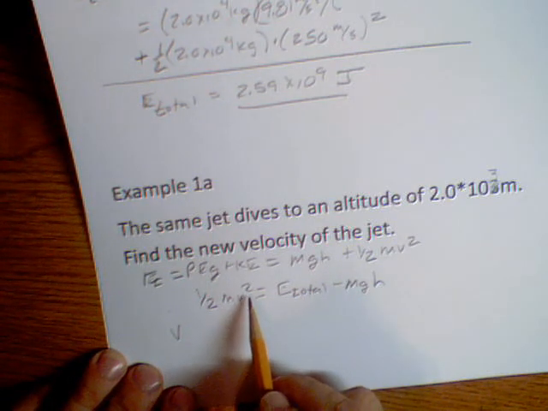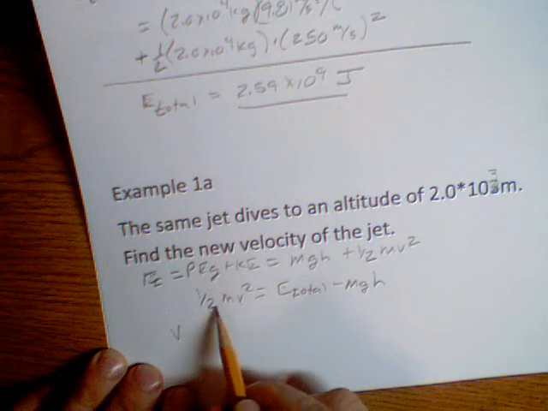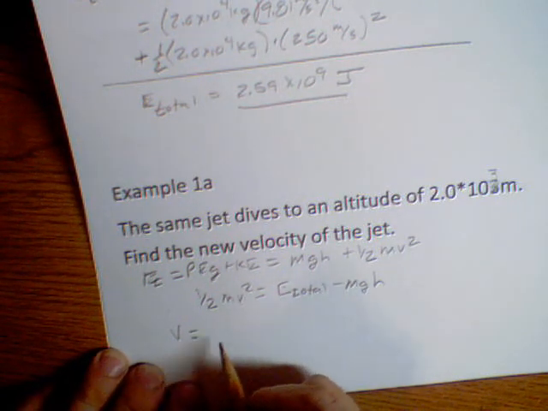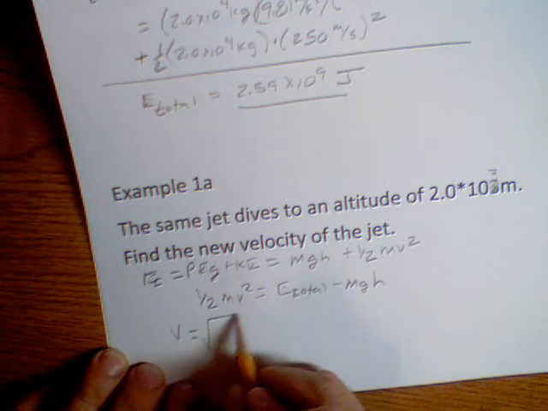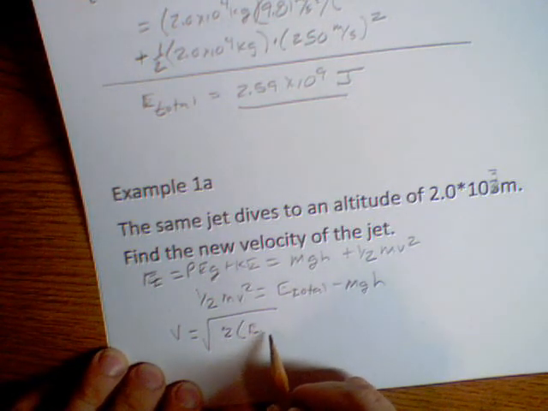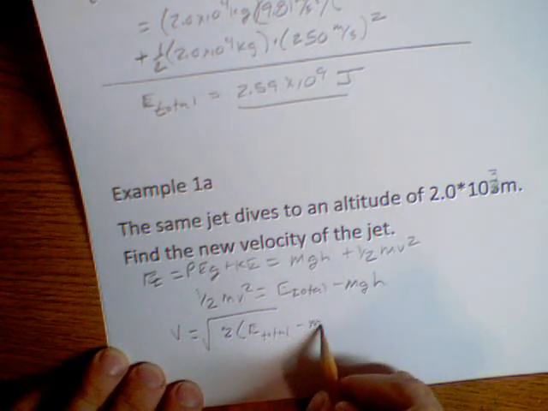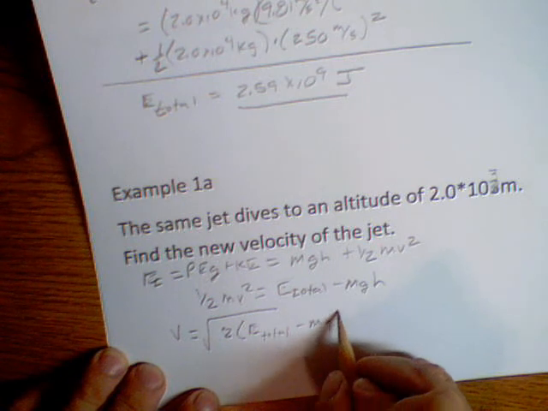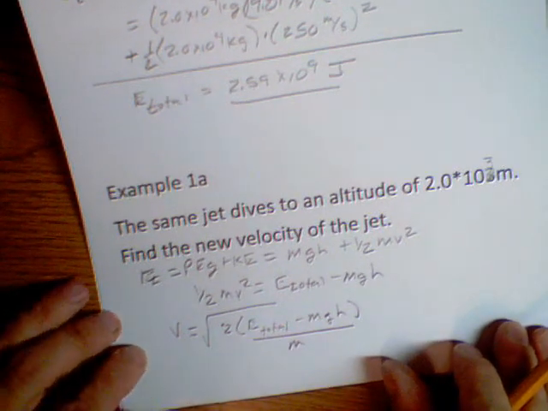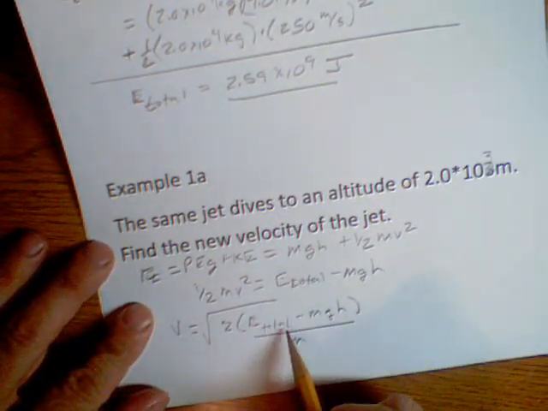We have to take the square root, and then multiply this side by 2, don't we? So velocity equals 2 times the total energy minus the gravity over mass, and total energy doesn't change.